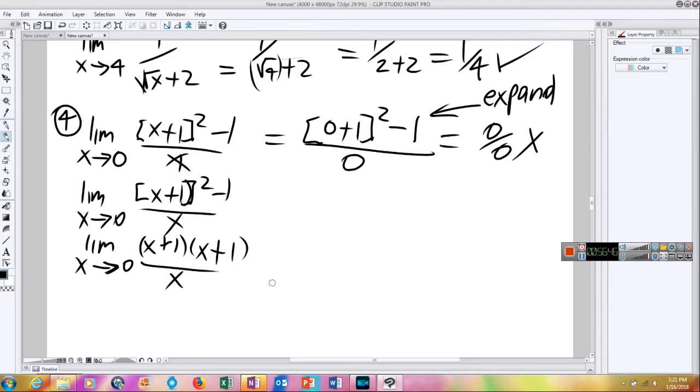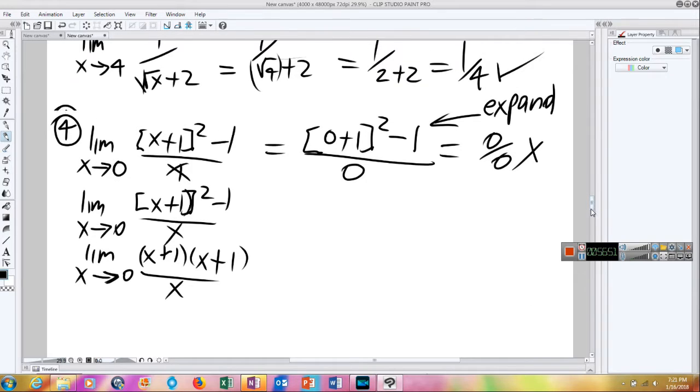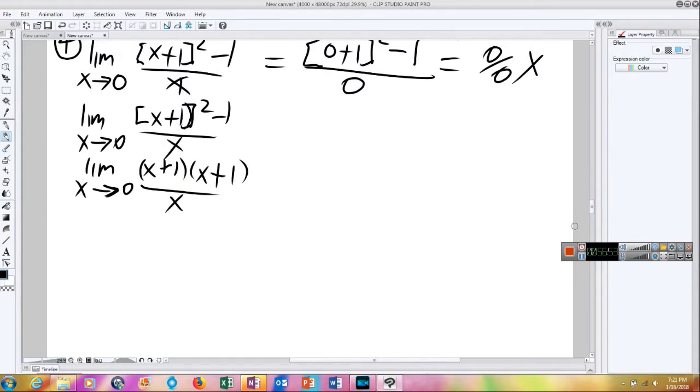So what's going to happen is that we have to use the FOIL method on the numerator to further expand on this.